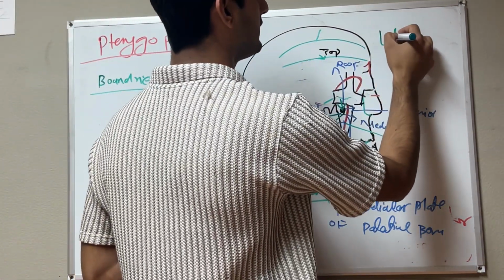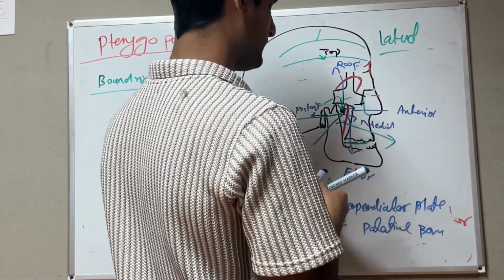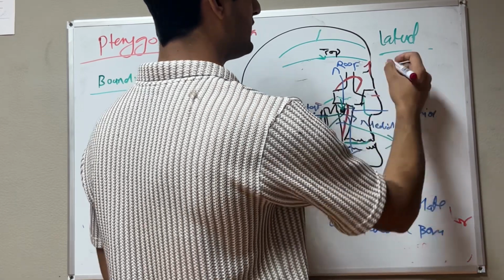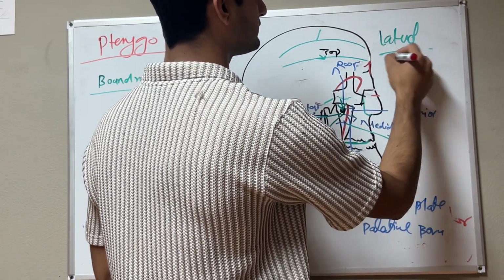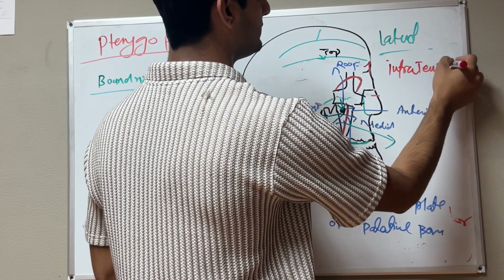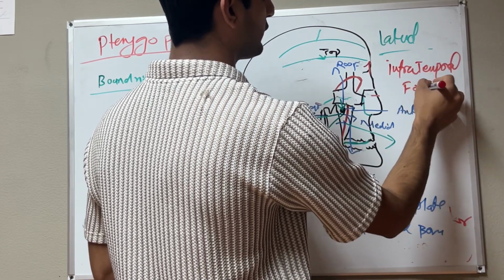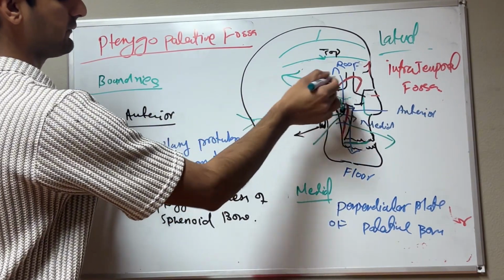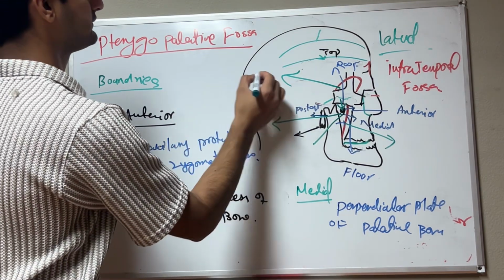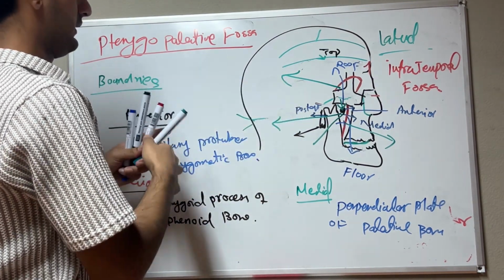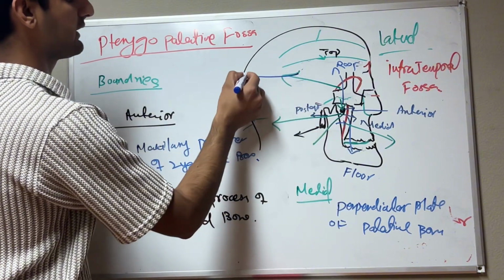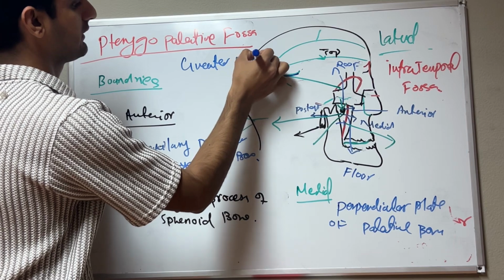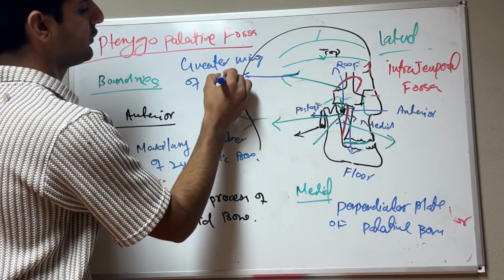And laterally we have the infratemporal fossa, which we discussed in the last class. And for the upper roof we have the greater wing of the sphenoid bone.